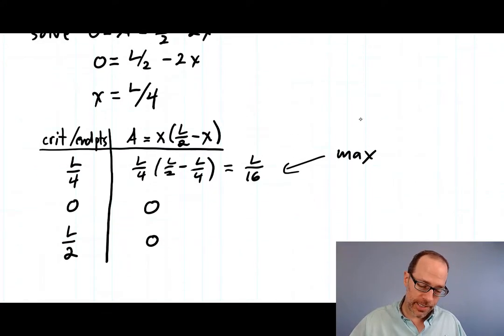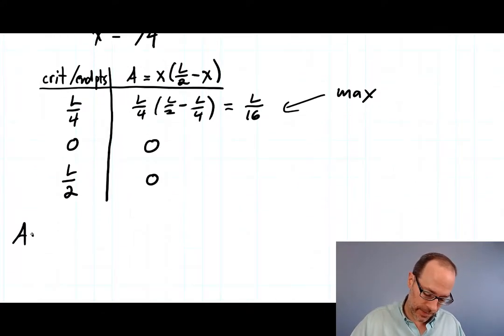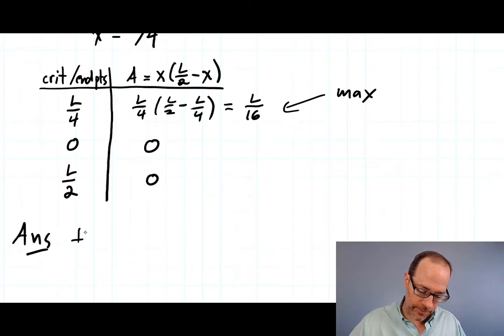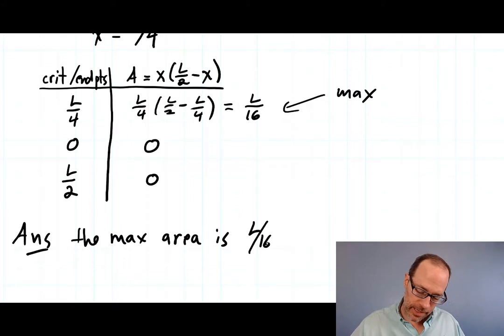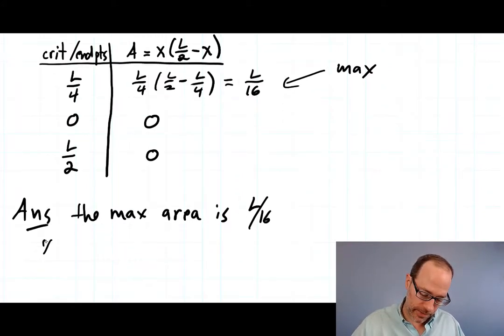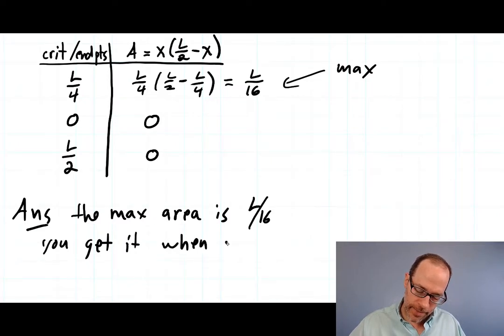So now you can write down the answer. The maximum area is, we saw, L over 16, and you get it when x is L over 4.